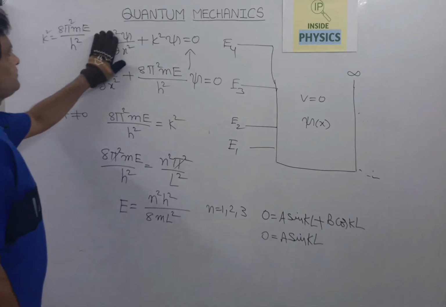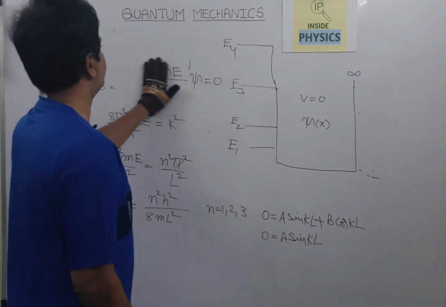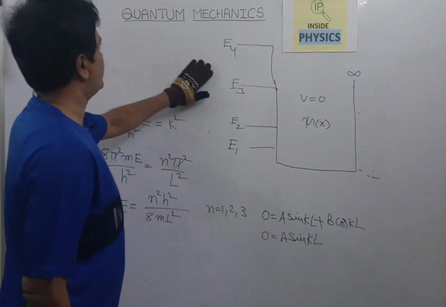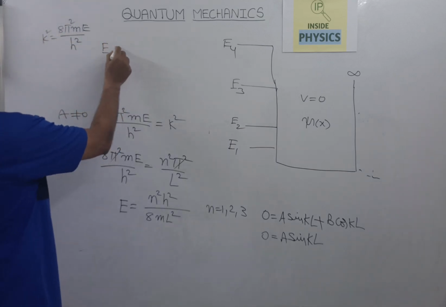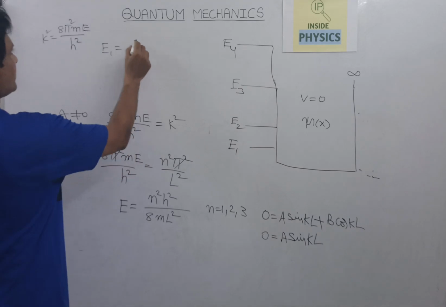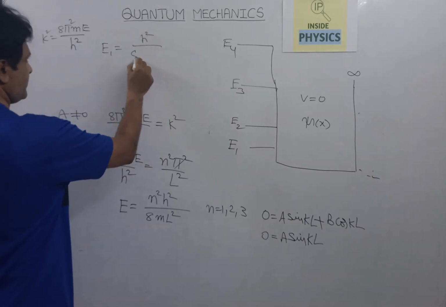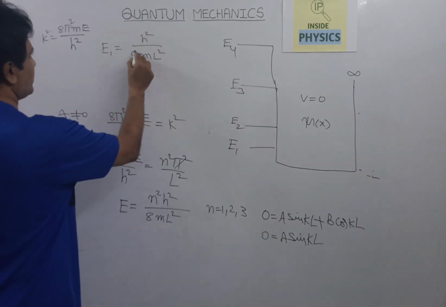So the first energy level, or we can call it the zero point energy, with n is equal to 1, is h square by 8 ml square.